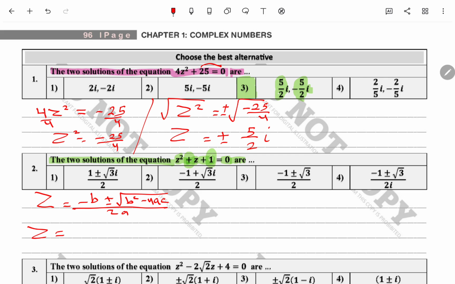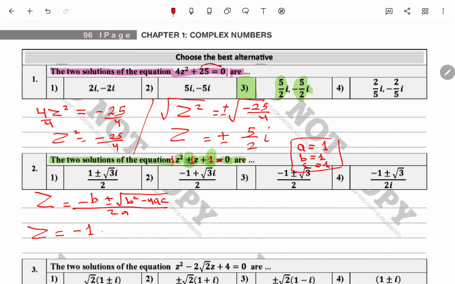You use a, b, and c from the equation, which are a is 1, b is 1, and c is 1. That is easy if you are sure that your whole equation is equal to 0.